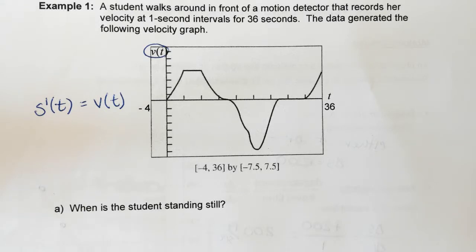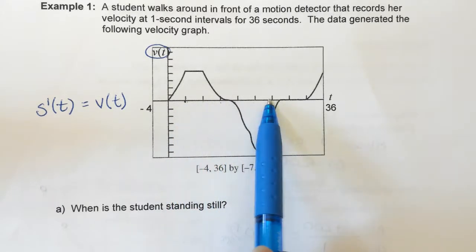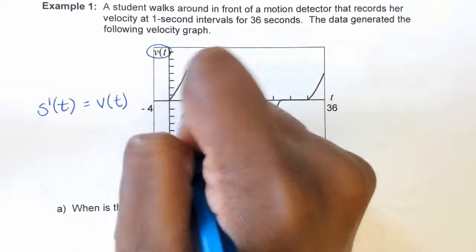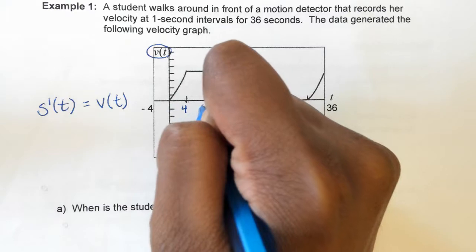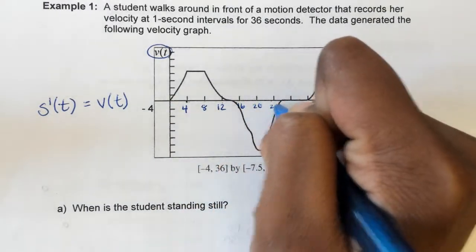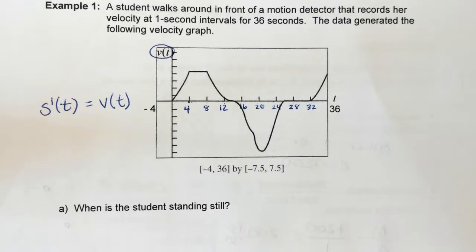So if we were to count up our tick marks, we have 1, 2, 3, 4, 5, 6, 7, 8, 9 tick marks. So we're going by 4s: 4, 8, 12, 16, 20, just to make sure that we're going at the proper pace when we write down our notation.